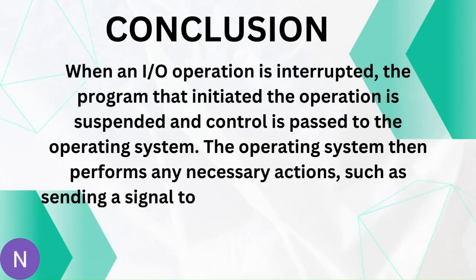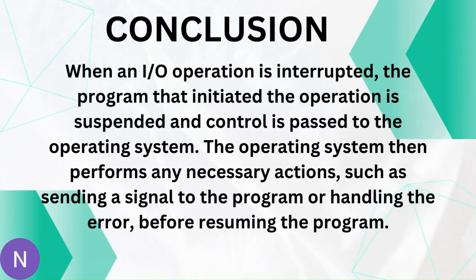When an input-output operation is interrupted, the program that initiated the operation is suspended and control is passed to the operating system. The operating system then performs any necessary actions, such as sending a signal to a program or handling the error, before resuming the program.